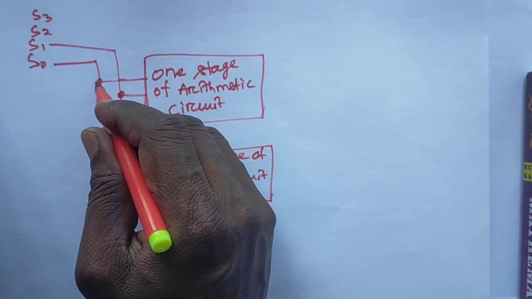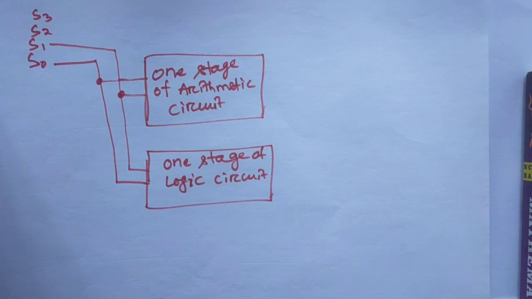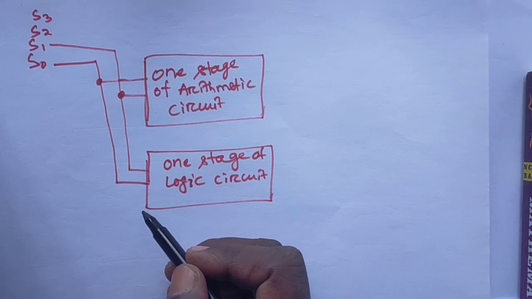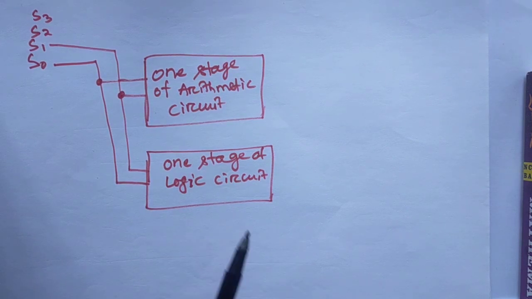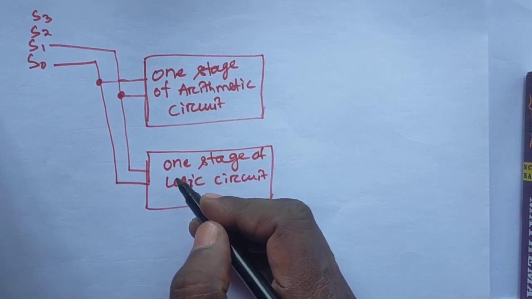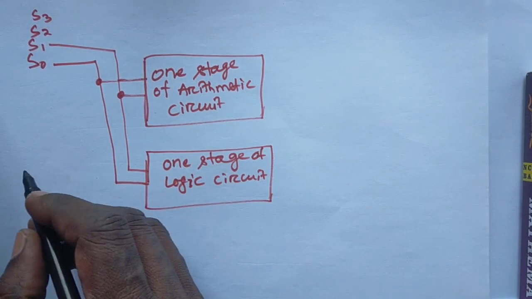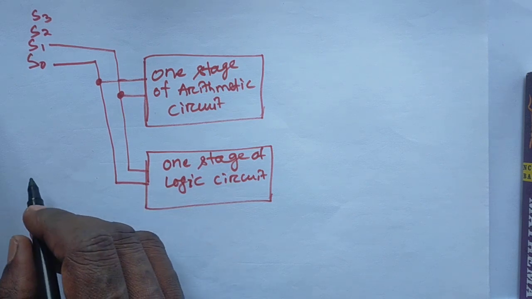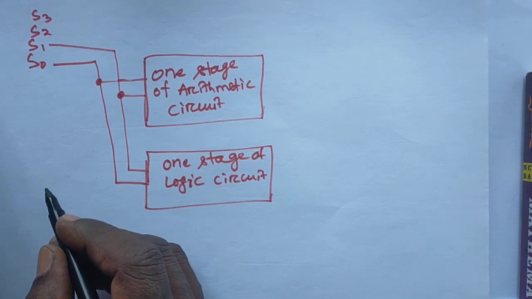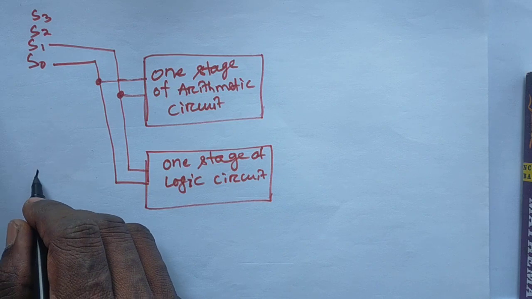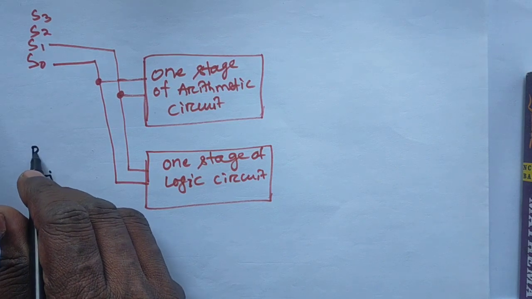Okay, and another thing: you see two variables or two inputs we will provide to both the arithmetic circuit and the logic circuit. That variable we can write here as AI, BI.